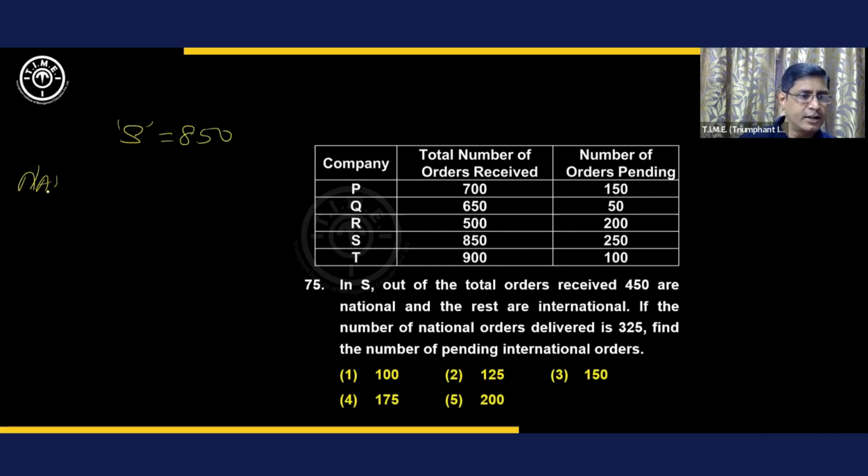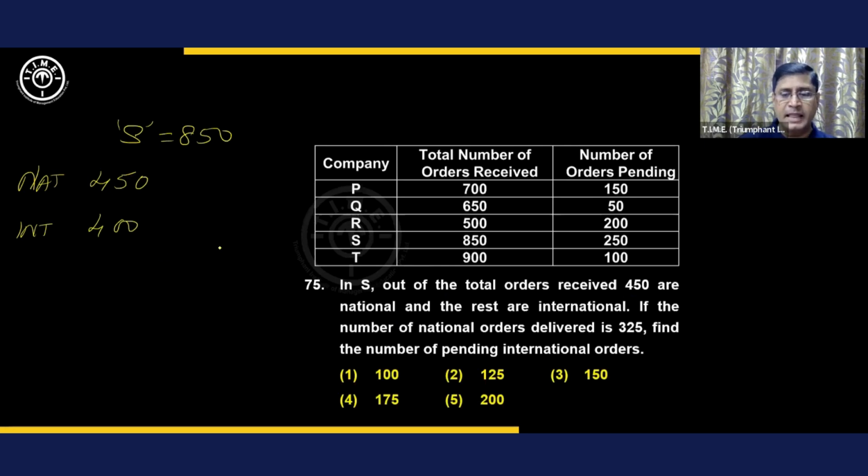National and international. National, how many out of this total orders received? 450 are national. What about the international? International are 400.